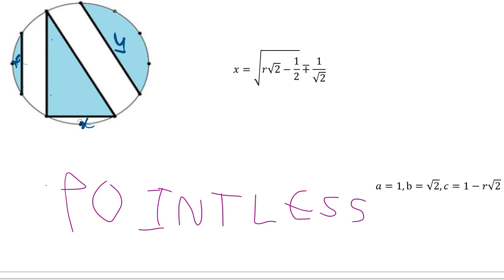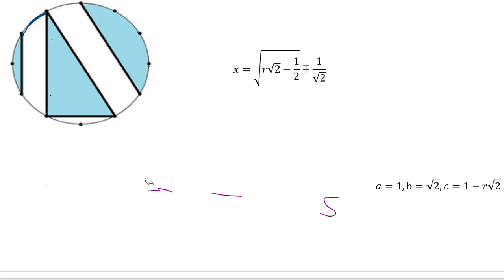Now here we can see that there are 3 points right here, and so does this shape from here to here. Which means those 2 areas are equal to each other, so you can take this whole area as y. So y plus the area of the triangle plus x, I said it was half, which means this is also half of the entire circle.